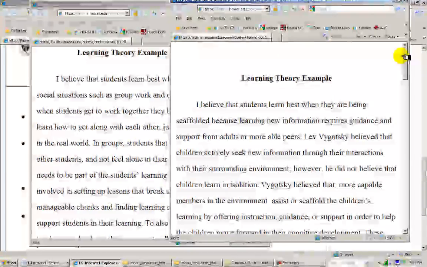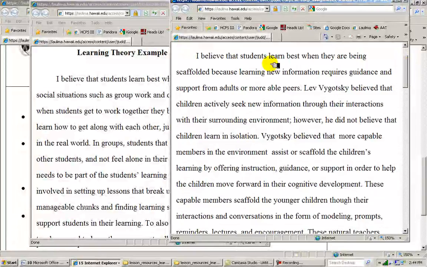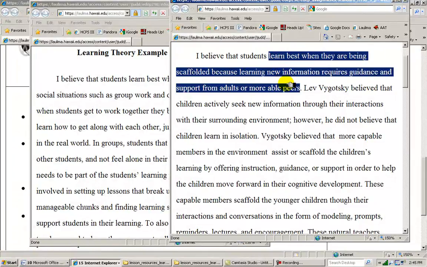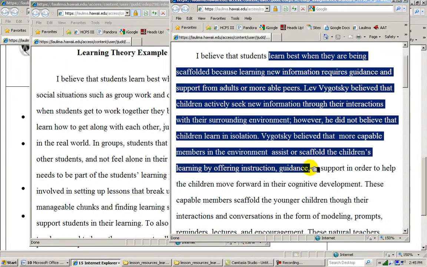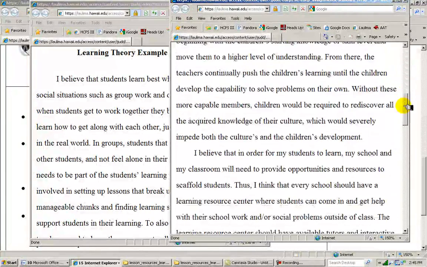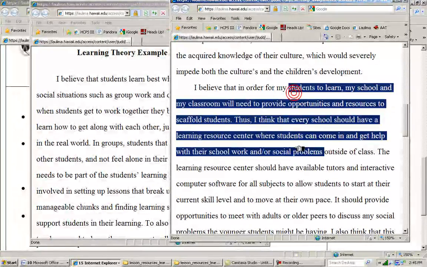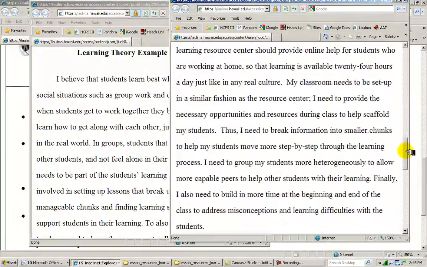And so if we look at how we can update that, this person now changed it to: I believe that students learn best when they are being scaffolded, because learning new information requires guidance and support from adults or more able peers. It brings in Lev Vygotsky and talks about that scaffolding, and also brings in some of the cultural tools necessary for Vygotskian theory to work.